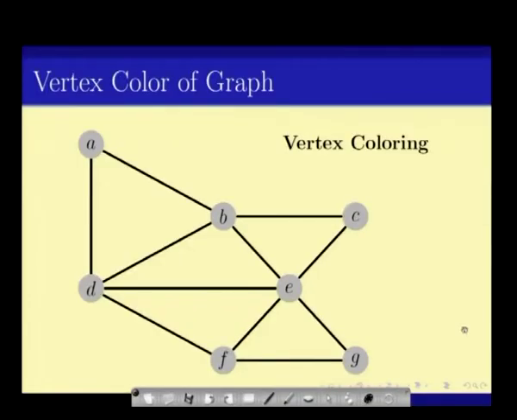You might be thinking that this question is something very artificial, and why would one even want to care about it? So, for example, here is an example of a vertex coloring, where we have a graph G and we want to color it using colors.